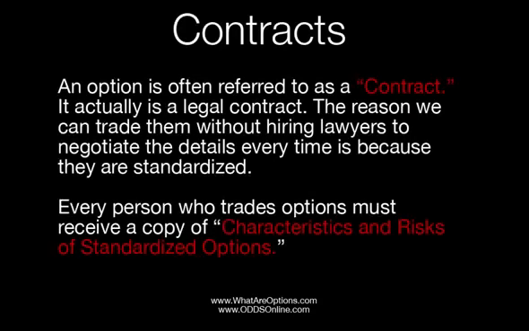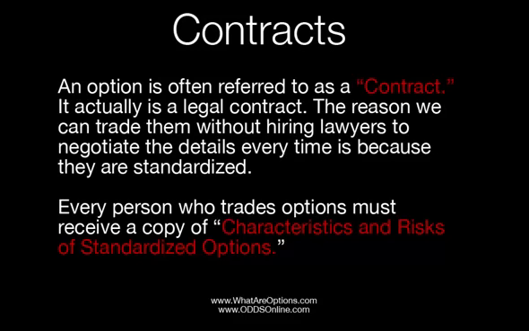An option is often referred to as a contract. It actually is a legal contract between two parties. The reason we can trade them without hiring lawyers to negotiate the details each time is because they're standardized. When you set up your brokerage account, you did sign legally binding paperwork that locks you into the terms of these contracts.